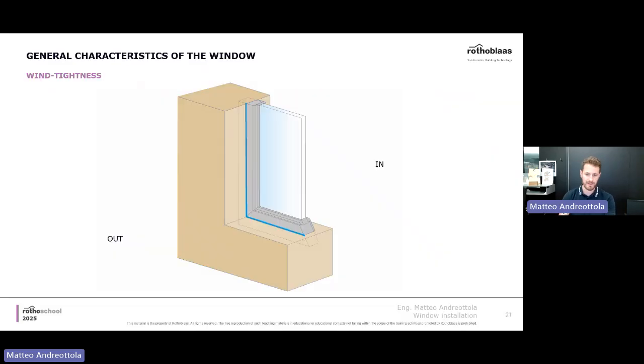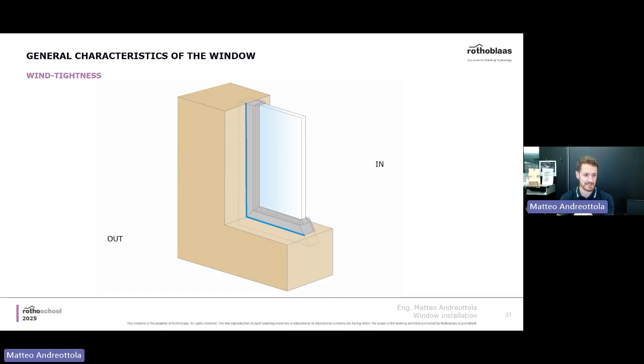You've seen it already from the few examples that I've shown you, that there are three layers of protection, and this is something that at Rotoglass we always try to push. Starting from the outside, you see it here in blue, you have your first protection layer, which is exactly the one that we've seen in the first images. Remember when we saw the picture of the house?